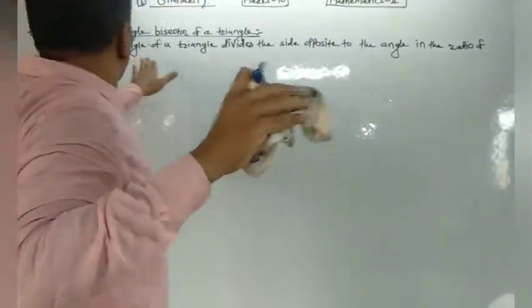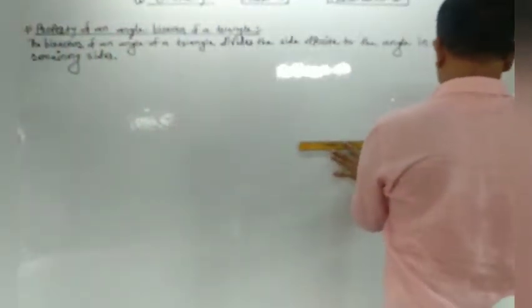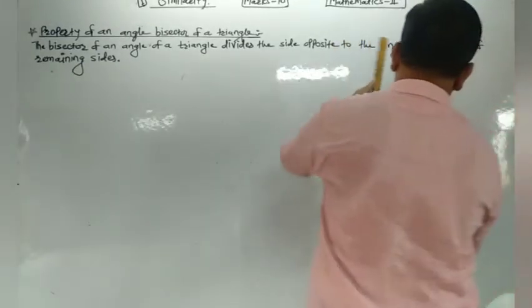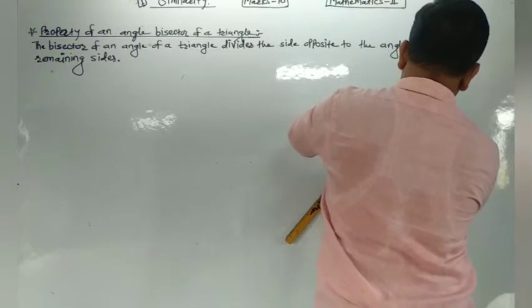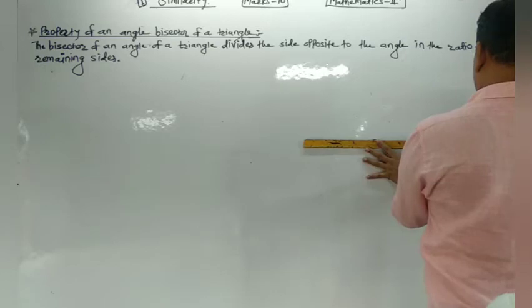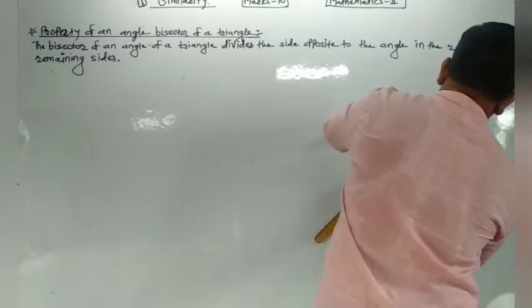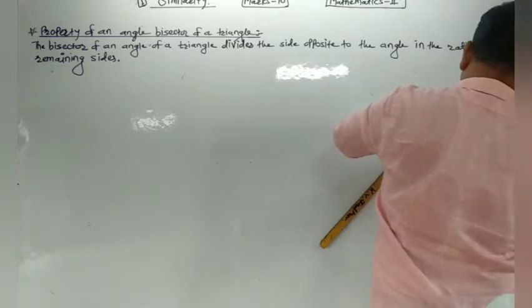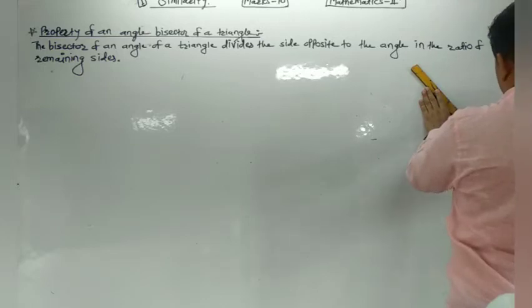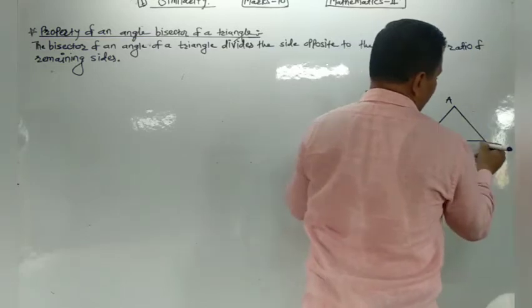Now the bisector of an angle of a triangle. I am going to draw the triangle, first of all, a small triangle. This is triangle ABC.